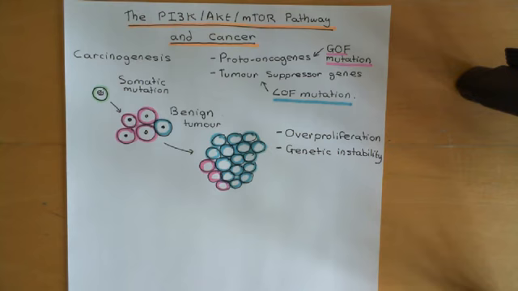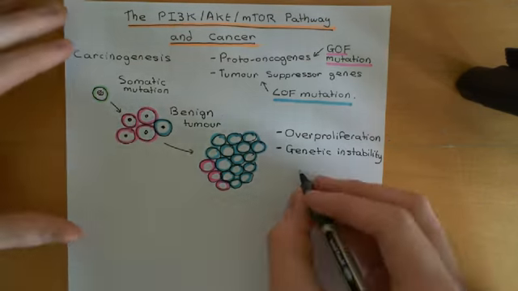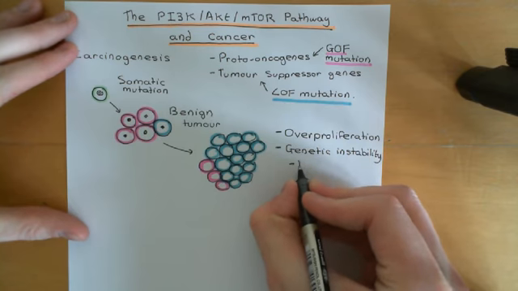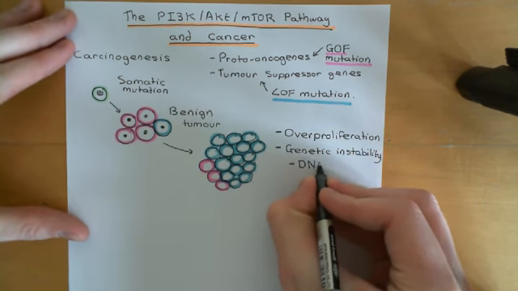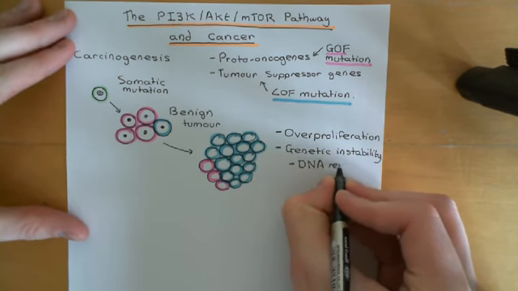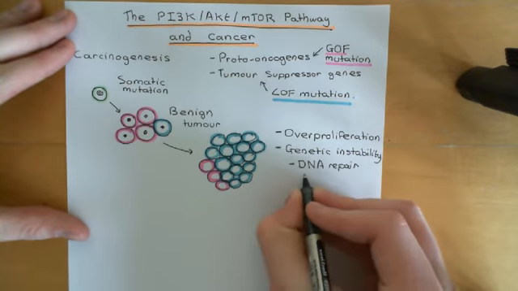Okay, however, why does it not lead to mutations occurring usually in a cell? I mean, it doesn't always work, but usually they don't result in actual permanent changes to the DNA sequence. And the reason is that you have all sorts of mechanisms for repairing the DNA when it's been damaged. Okay, so you have DNA repair mechanisms.